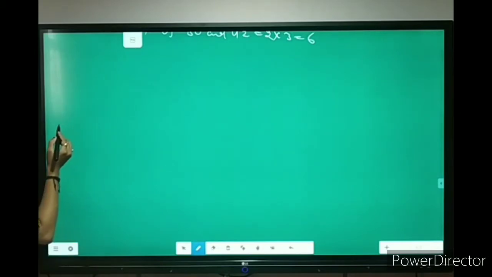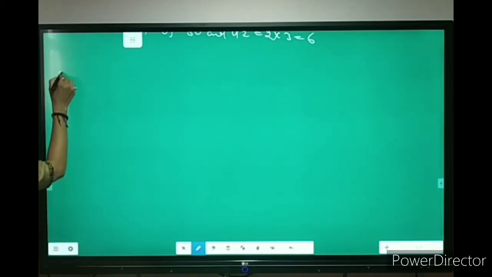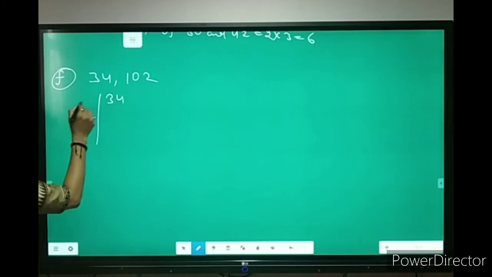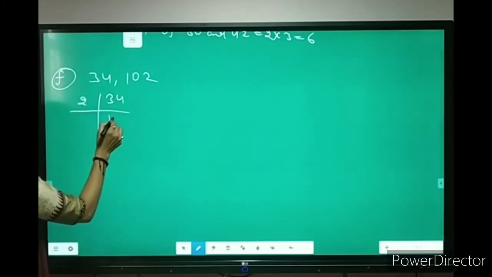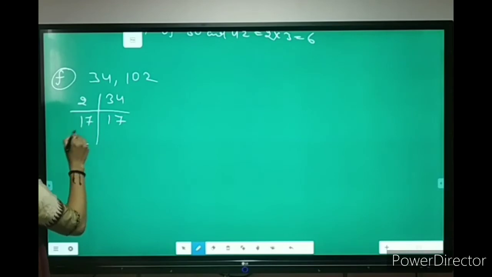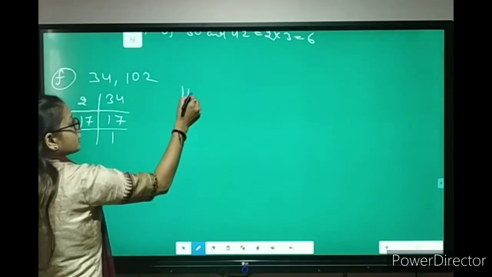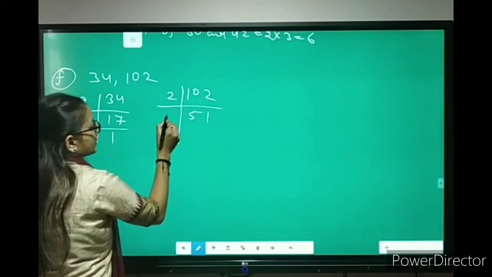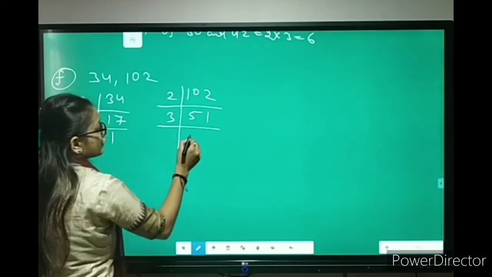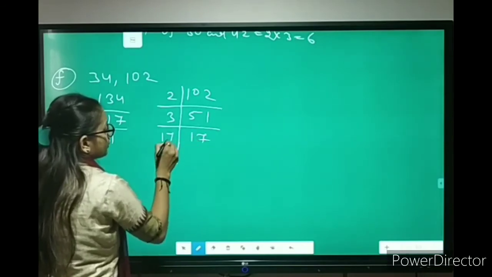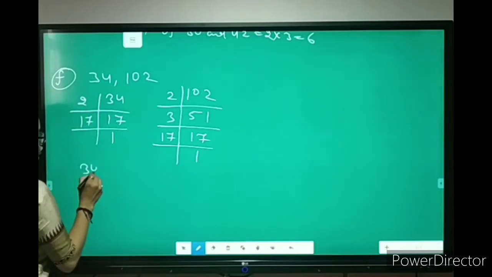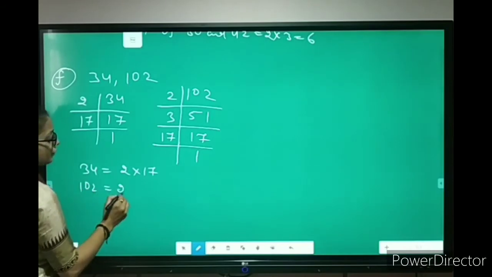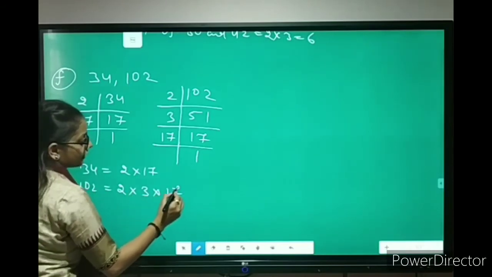34 and 102. Factors of 34: 2 ones are 2 and 17 ones are 17. Factors of 102, 51 and next again 3, 3 ones are 3 and 17. 34 equals 2 multiplied by 17, and 102 equals 2 multiplied by 3 multiplied by 17.